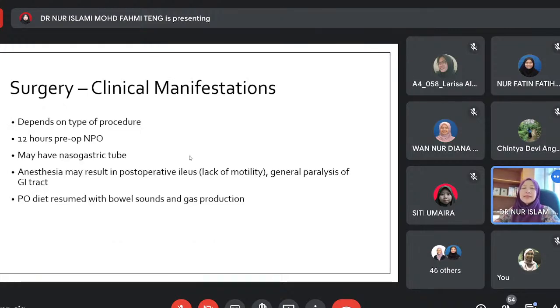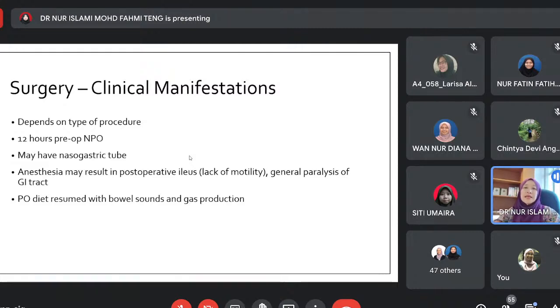Okay. So the clinical manifestation of the surgery depends on the type of the procedure. Traditionally, pre-operation we do not give the patient anything to eat for 12 hours. And the patient may have a nasogastric tube. The anesthesia may result in post-operative ileus, which is the lack of motility and general paralysis of the GI tract.